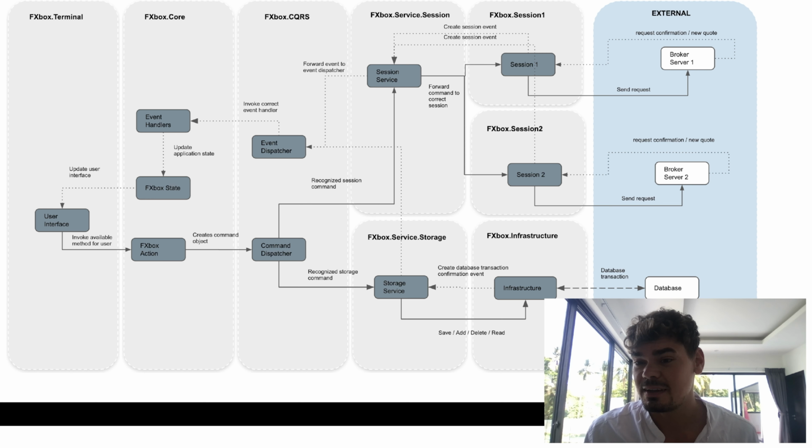Here on the right we have broker server 1, and on the arrow you can see new quote. We receive the new quote from the broker server, then it goes to FXbox session 1. You can replace the number one with MetaTrader 4, for example. So our MetaTrader 4 object receives a new tick, a new quote.